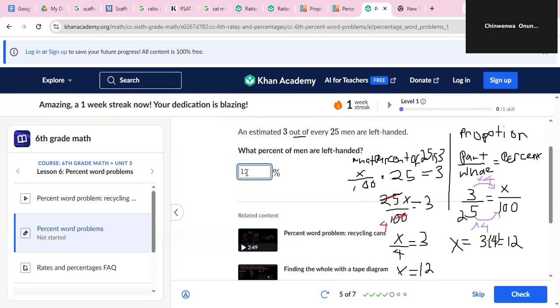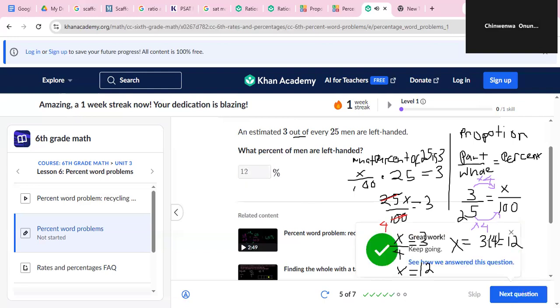Think of it as part over whole equals your percent and solve from there. Or rewrite it as a word to math. Remember that of means multiply and is means equal to. And what, you put a variable when you don't know.